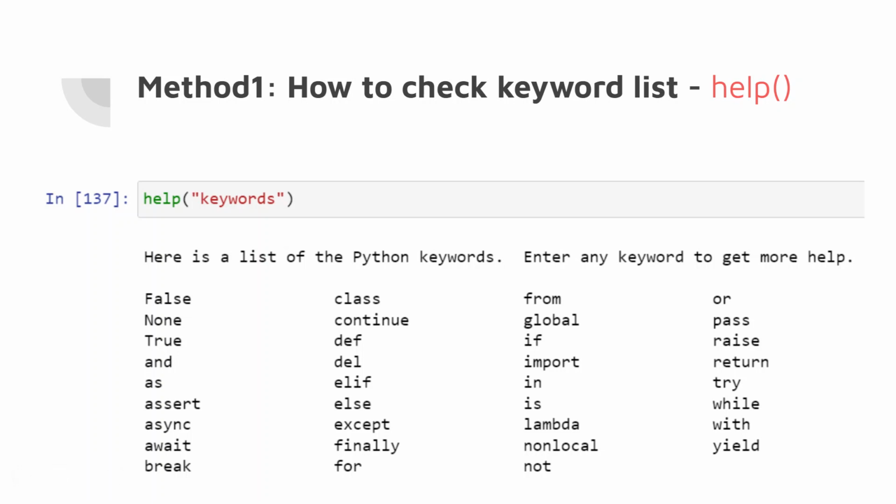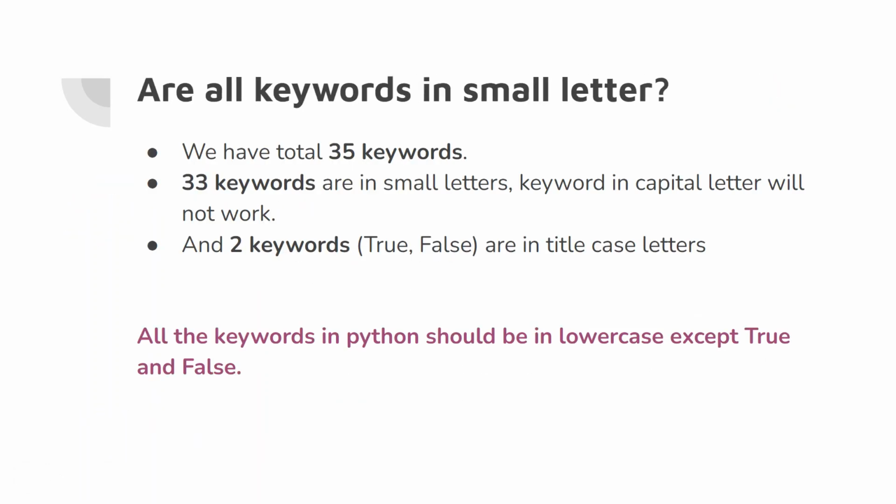So these three keywords have title case. The rest of the keywords in a small letters. So keep this thing in mind. If you will use a capital letter, suppose D is capital, it will not work, right? So keep this thing in mind, it's very important, otherwise you will get a syntax error or some other errors you can get.